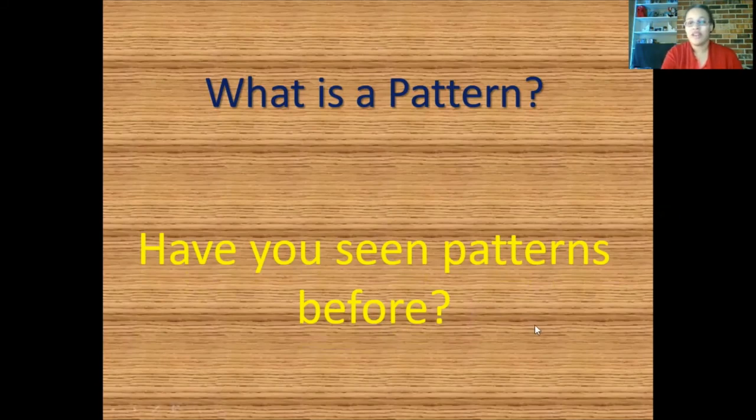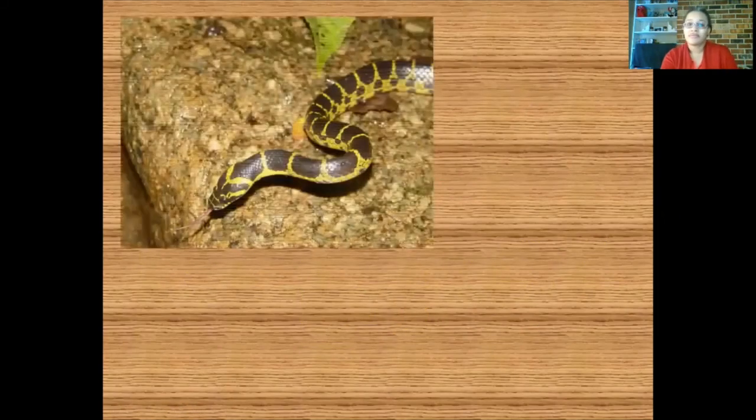Let's see if we can identify some patterns that we might have seen before. Ooh, a snake. Look at the pattern that goes all along his body. What colors do you see? Yep, yellow and black, all throughout his body.